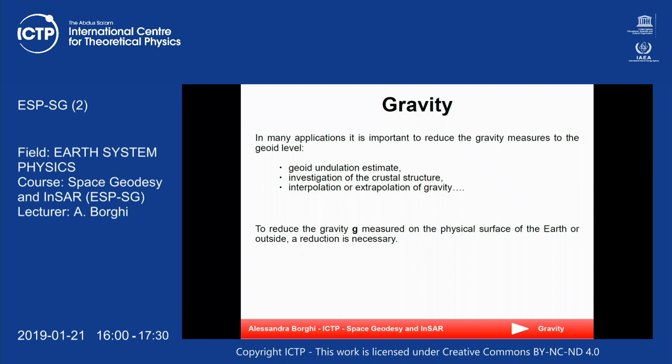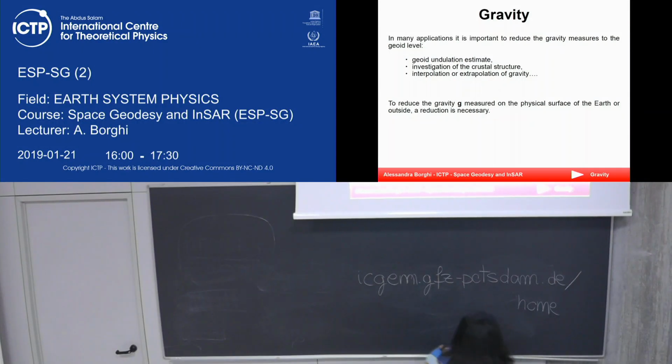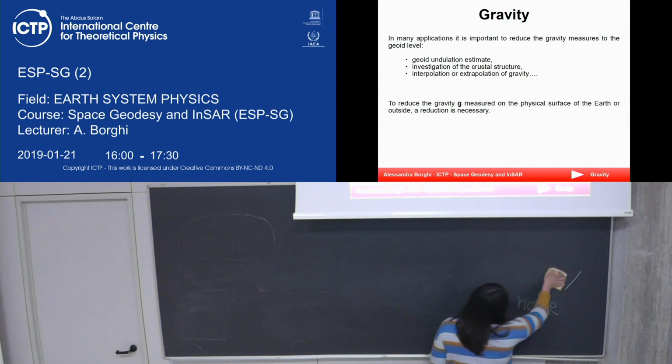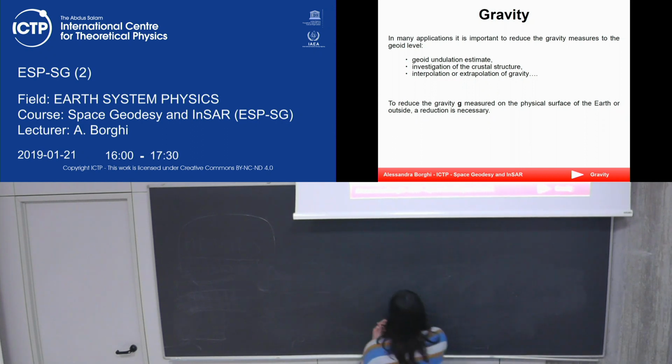Usually, to use gravity data, we have to reduce the gravity. We have seen just one reduction. We started from the g values measured, and we obtain the gravity anomaly, reducing for the normal gravity. I probably have to put here again the formula, because it was in the previous lesson. So we have seen the first reduction was the gravity anomaly.